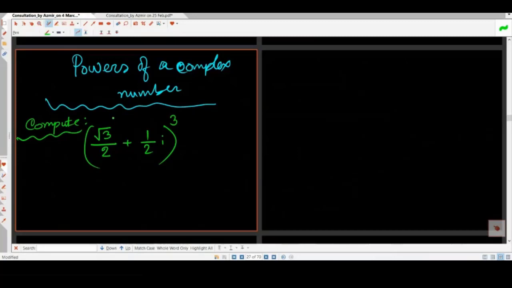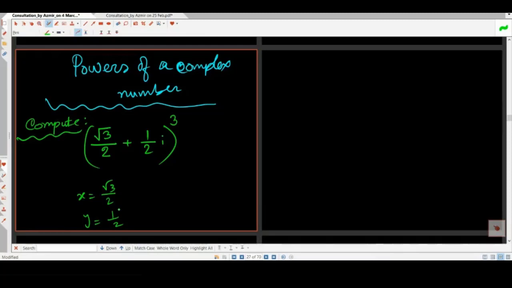Whatever concept you have applied in finding roots, the same concept can be applied. So let me do this one. First of all, whatever number we have inside the parenthesis should be converted to polar form because it is in rectangular form, x plus yi. So here, x equals root 3 over 2 and y equals 1 over 2.